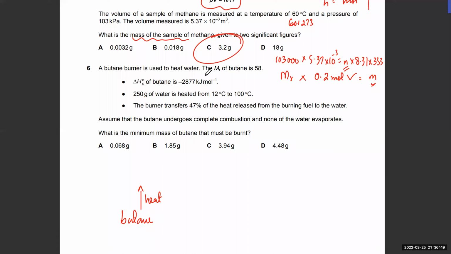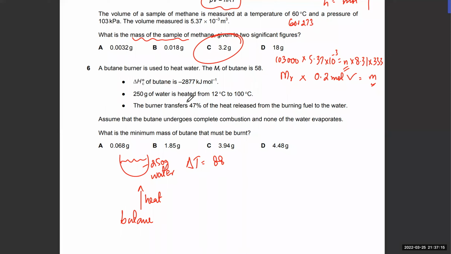It's heating water. There's water on the top, and there are 250 grams of water, and the water temperature change delta T is given, from 12 to 100, that's 88, right?